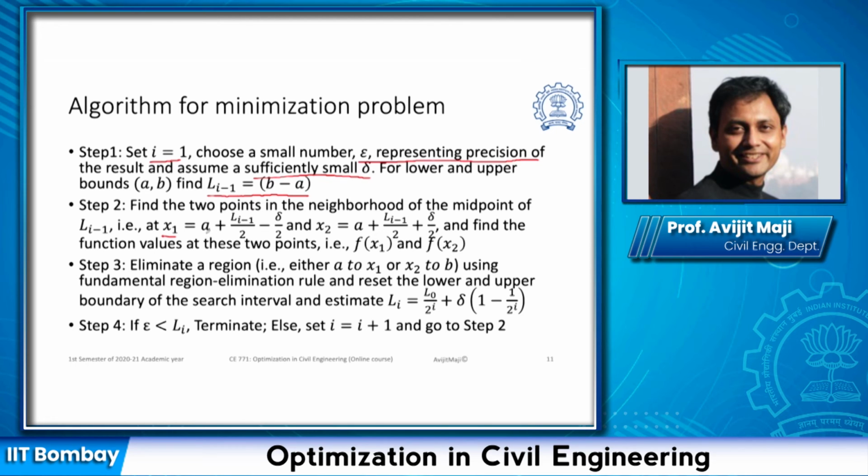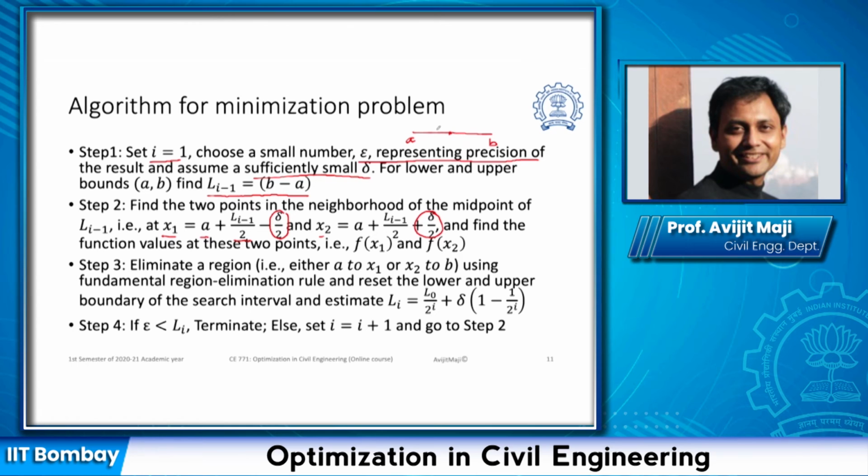this can be obtained by taking the midpoint and subtracting delta by 2 from that point, and for the second point we add delta by 2 to the midpoint. If you have to visually understand this, if this is my A, this is my B, the midpoint is here.